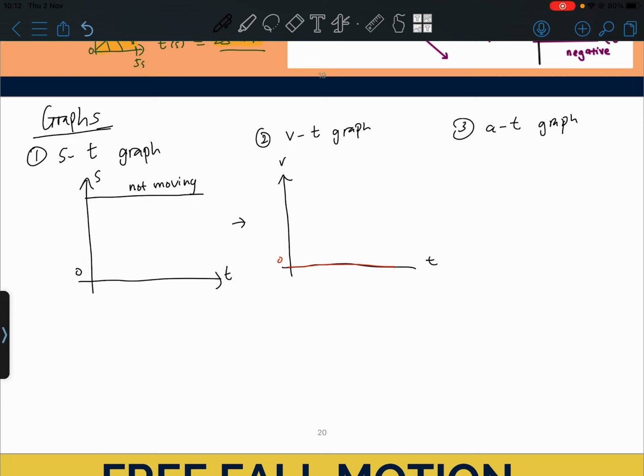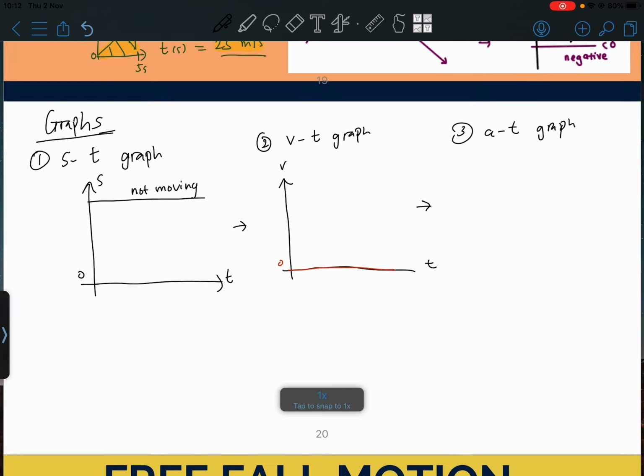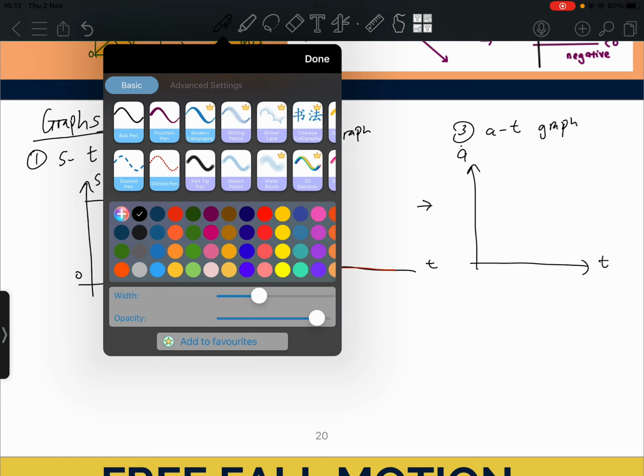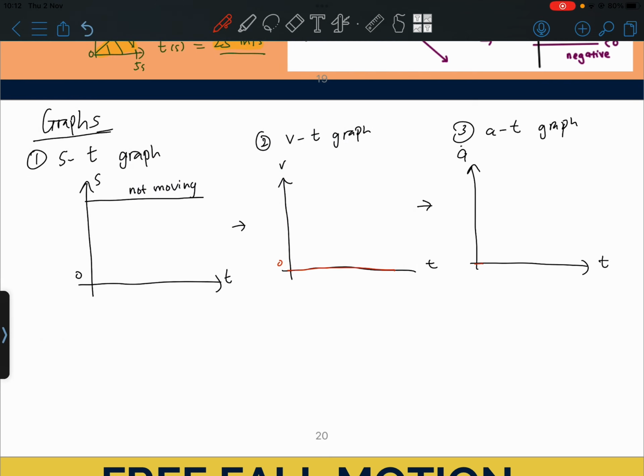If you transform from the VT graph to the AT graph, it will be the same. This is T, this is A, because the velocity is 0, so the acceleration should be 0 too. This is for the flat line of the ST graph.